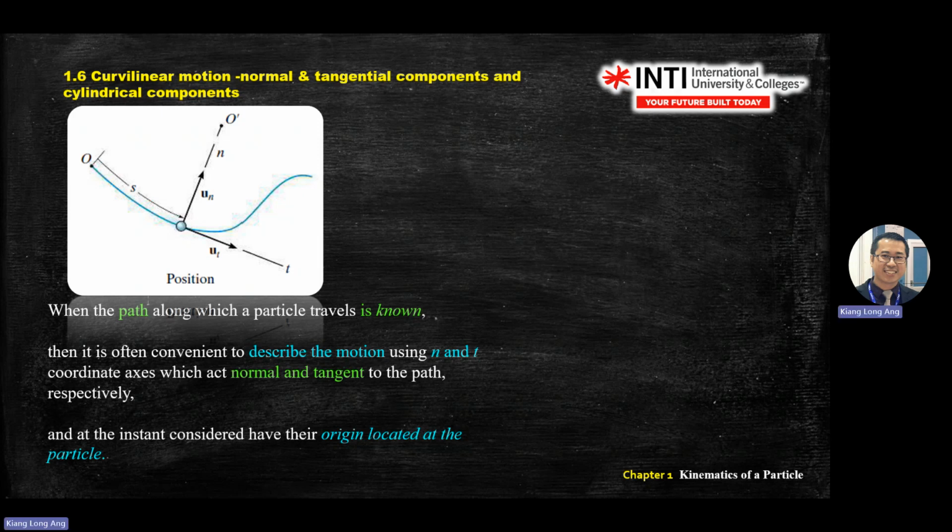In the previous projectile example, we looked at X and Y direction. But what happens if you have a curvilinear motion which is so complex? It's better you change your approach. You look in terms of tangent and normal axes for that particular particle, for that particular curve.